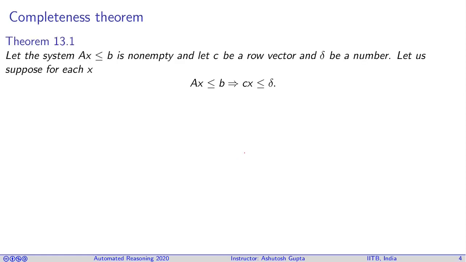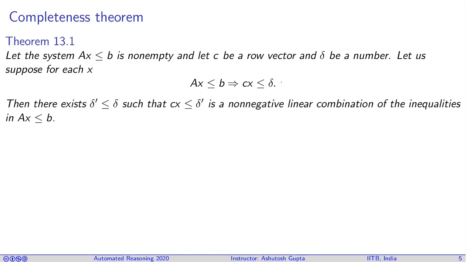So what is the theorem? Let's suppose you have a matrix A and a vector b, and you have these constraints Ax less than or equal to b, and let c be a row vector and delta be a number. A typical implication between a bunch of linear inequalities implying another inequality can be written in the following form.